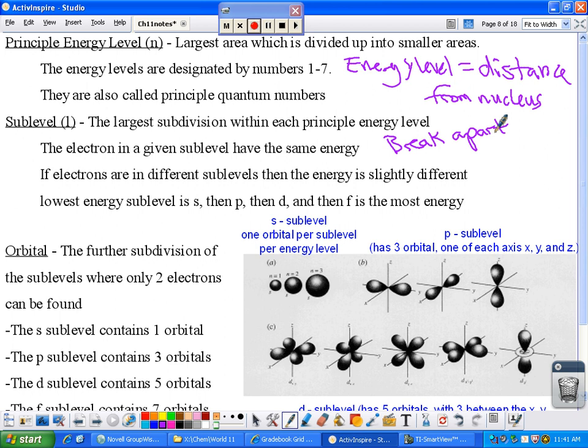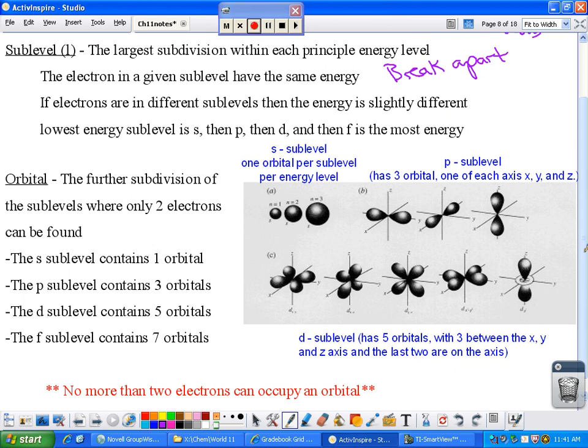Orbitals are a much more precise location. And then what gets kind of weird is the shape of the orbital, the actual shape of where we think the electron is, depends on what type of sublevel it's in. And so we're going to say that there's 4 types of sublevels. There's S's, P's, D's, and F's.